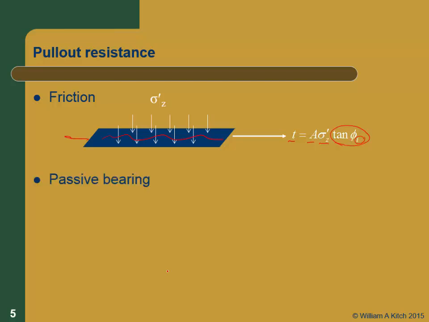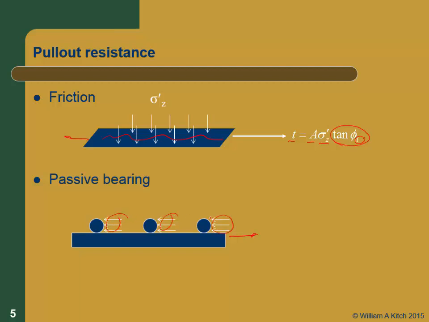And then the other form of resistance we get when we have an element that's not a flat bar and not a sheet, and that's passive bearing. So if I'm pulling on the element in this direction, I'm obviously going to get some resistance along the sides of the element. We call it passive bearing because it sort of looks like a bearing capacity failure in a horizontal direction.